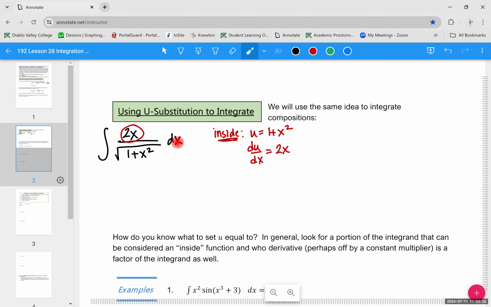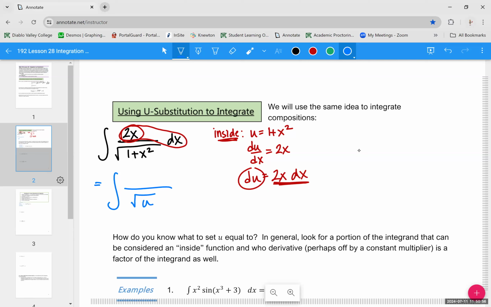So actually, let's get this 2x dx together and replace it with the du. So what I'm going to do is multiply both sides there by the dx. And so now I have this whole piece right here, 2x dx is equal to du. So I can substitute.